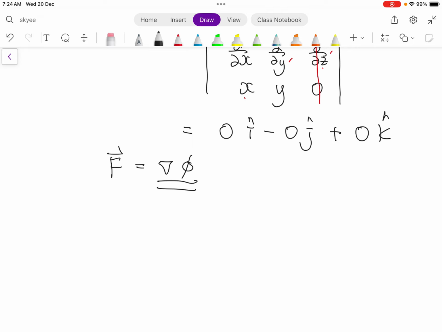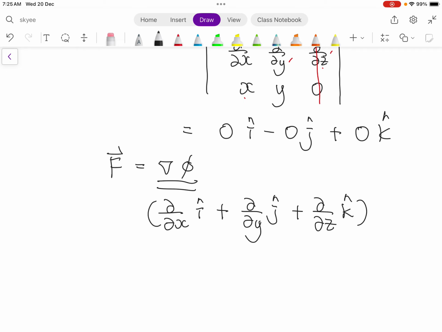The gradient itself is actually del x, you have the i, plus del y, you have the j, plus del z, and you have the k. This is the del component. So when you multiply it with phi, you have to multiply the phi inside.